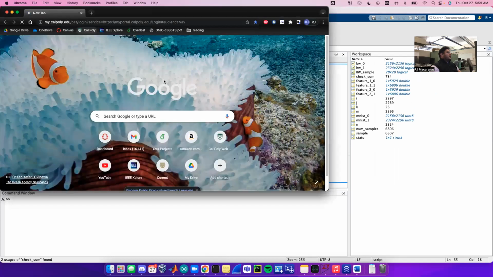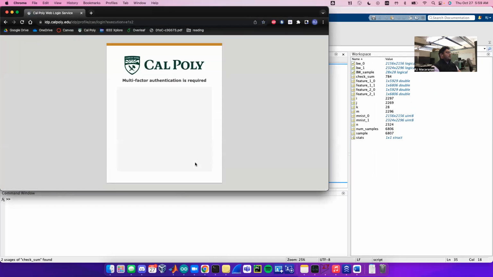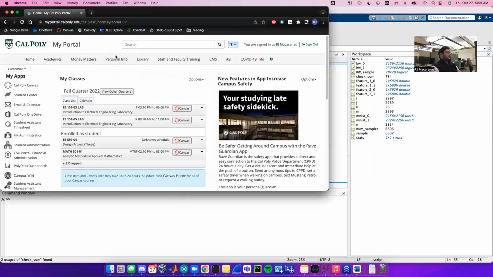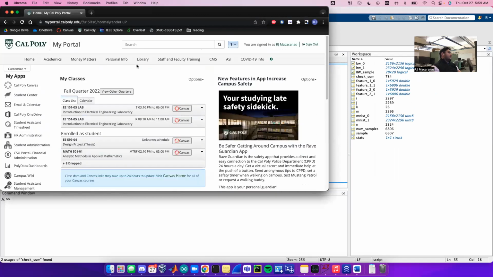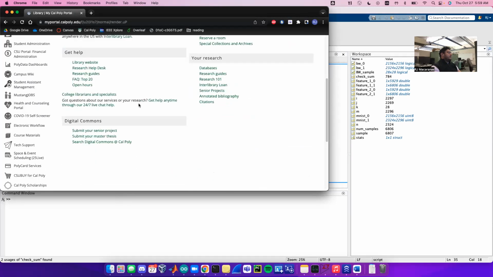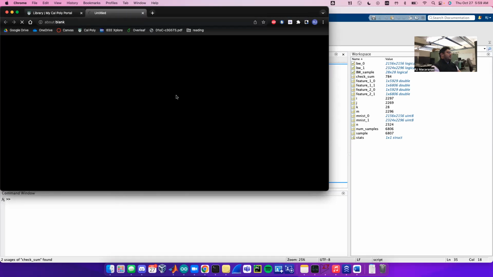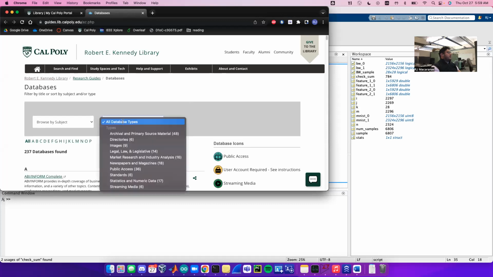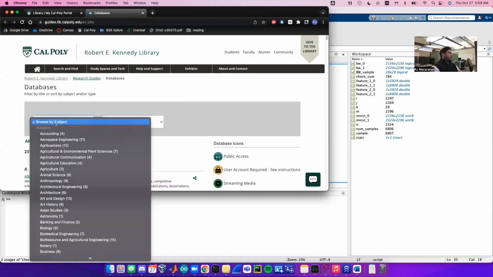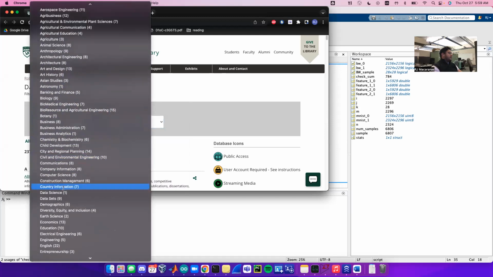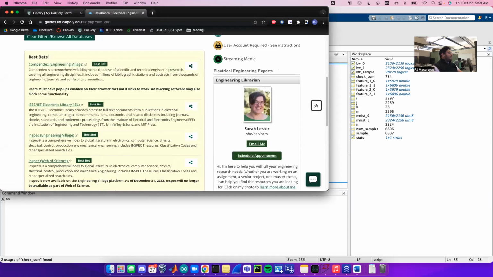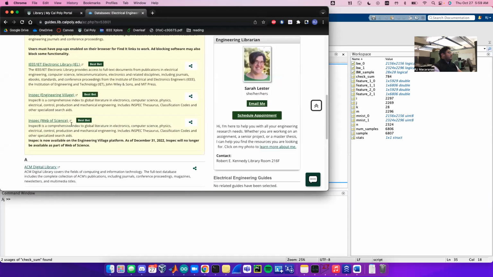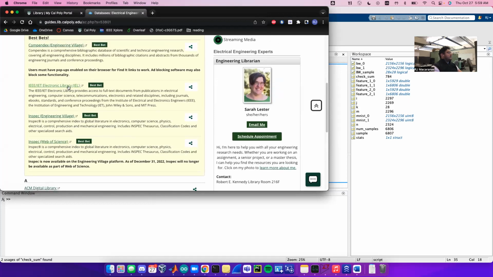Right, so if we go to Cal Poly, your student portal here, or not your student portal, sorry, just the Cal Poly My Portal. And if you go to library, and if you go to databases, and you look for IEEE, well, I guess you just look for electrical engineering, and you can find this IEEE/IET.